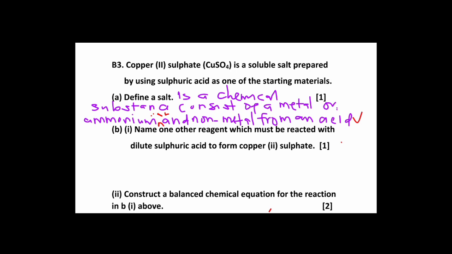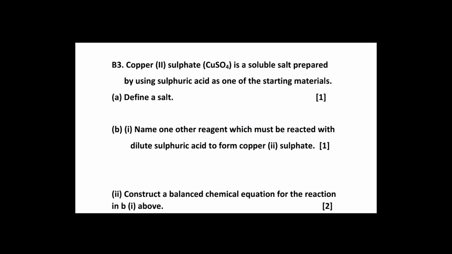Name one other reagent which must be reacted with dilute sulfuric acid to form copper 2 sulfate. Any other? And now, here you need to understand very well. Our target is to identify one other reagent which must be reacted with dilute sulfuric acid.